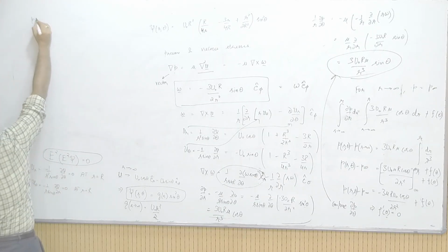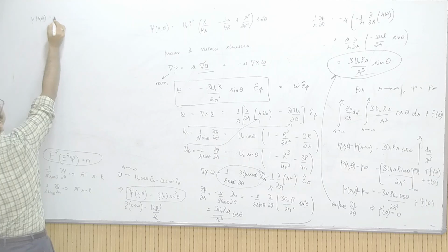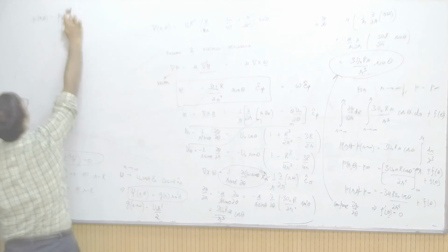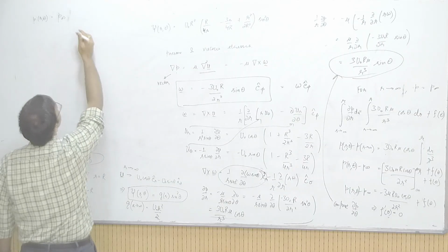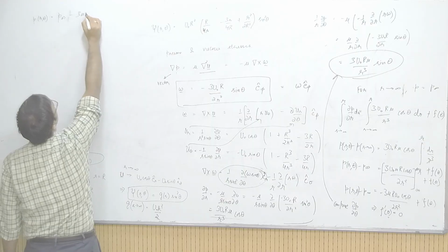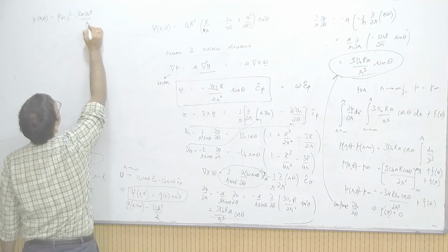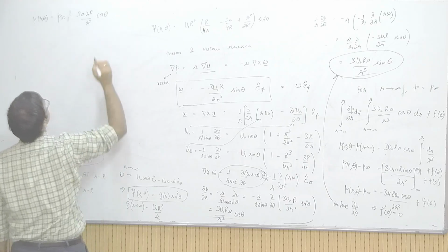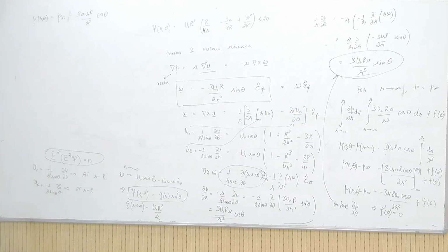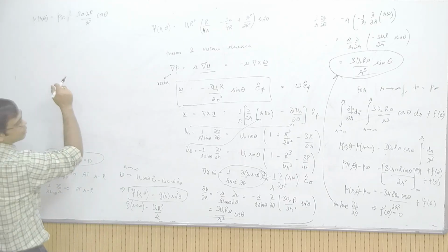So we write that pressure is simply P infinity minus 3 mu u naught R over 2 r square cos theta.